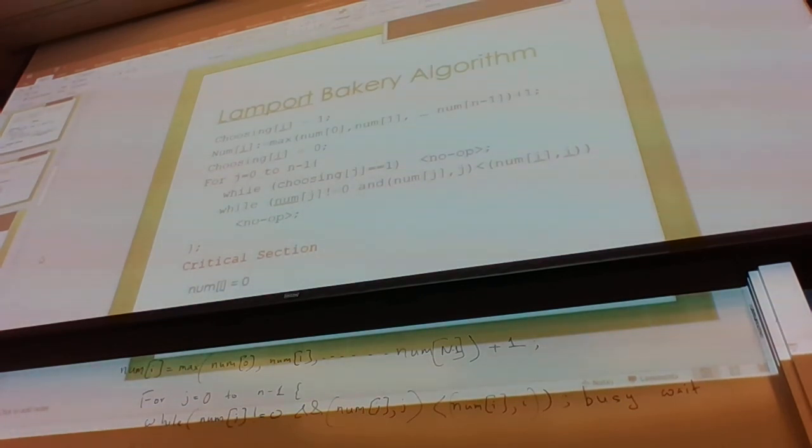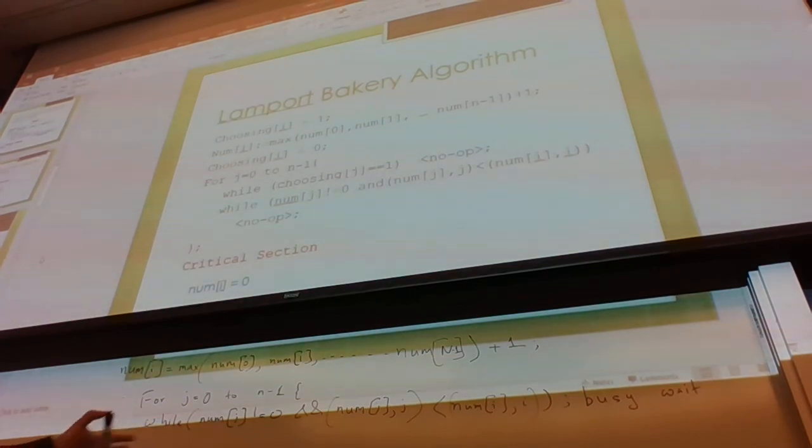You see the first while: before even checking the actual while condition, the busy loop, you first busy wait on choosing. That means if a process is not done yet choosing a number, you wait for it. You wait for it to store the number.